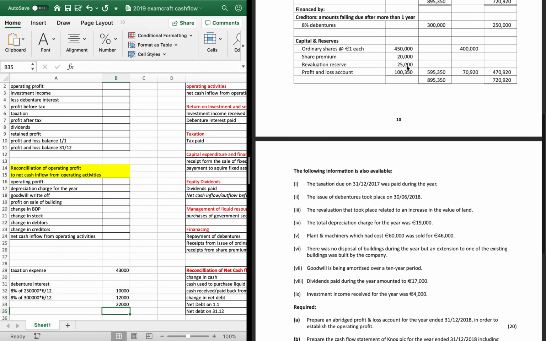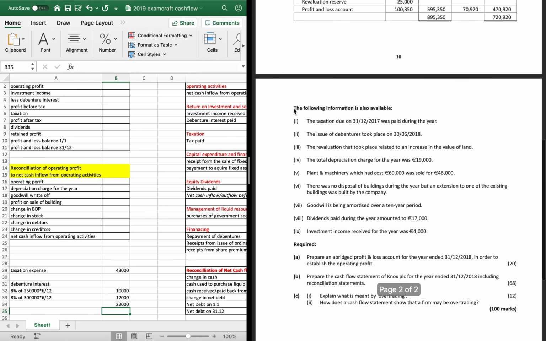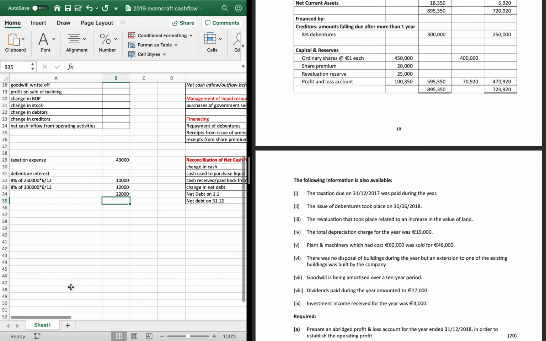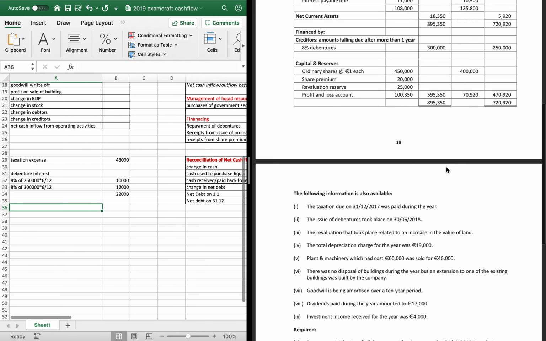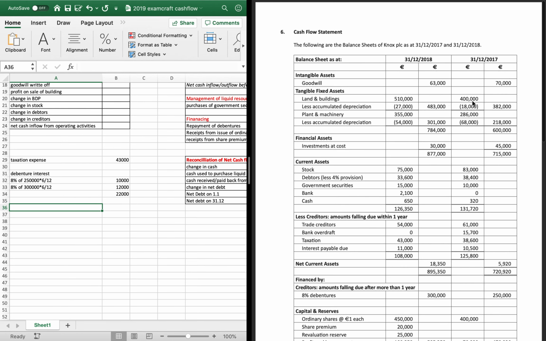So we can see there's a revaluation reserve there of 25,000. Now, what I'd suggest is that, a bit like when we sell off land and buildings, our land and buildings at the start of the year, this number here, 400,000, originally this was 400,000, and it was revalued up to 425. So this 510 is 25,000 more.